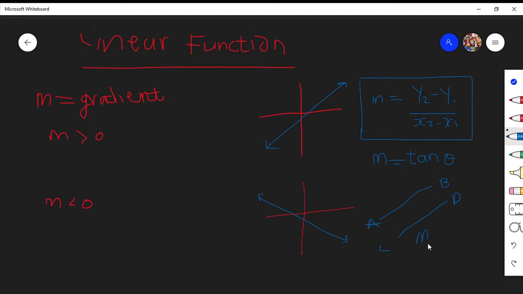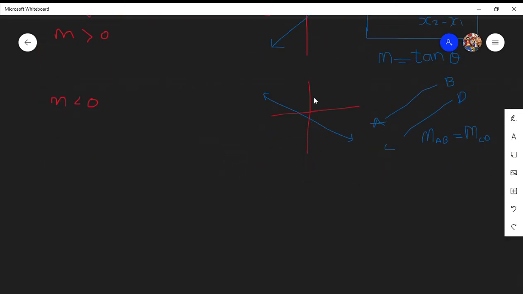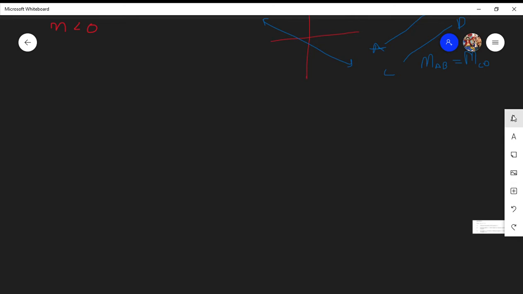So the gradient of line AB is equal to the gradient of line CD. And if the lines are perpendicular, then when you multiply the gradients, they would be equal to -1.